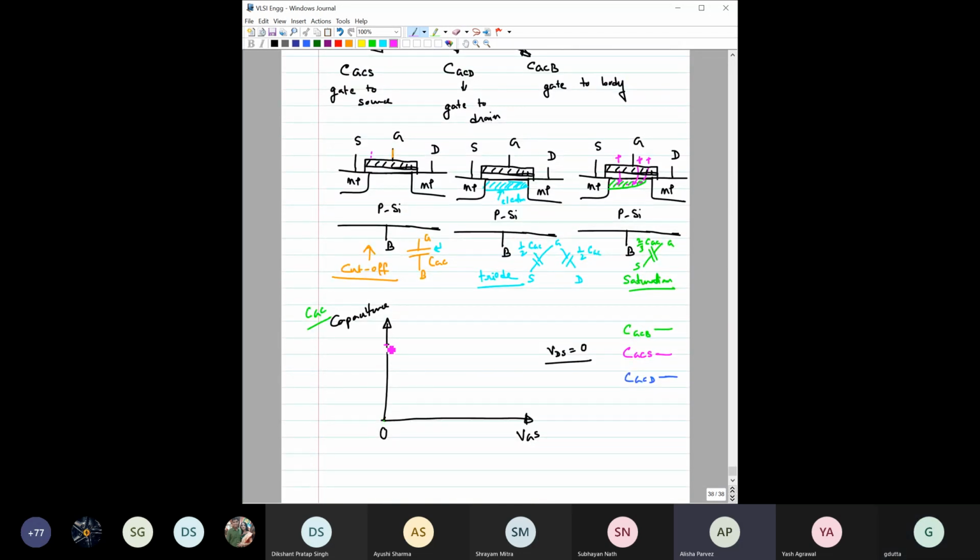So this is the value of CGCB. What is the value of CGC source, the pink component, and this component? 0. So anyway, they are here. Now we are increasing this gate voltage. So what do you think will happen to this CGCB?